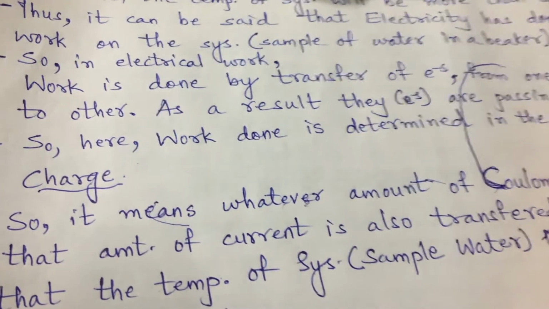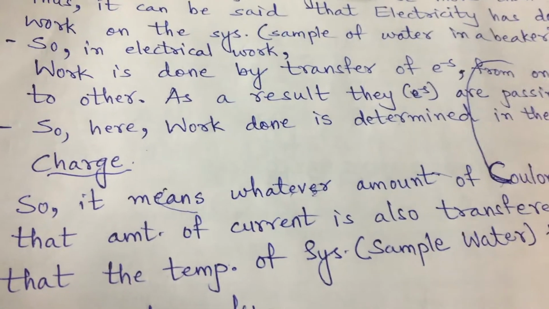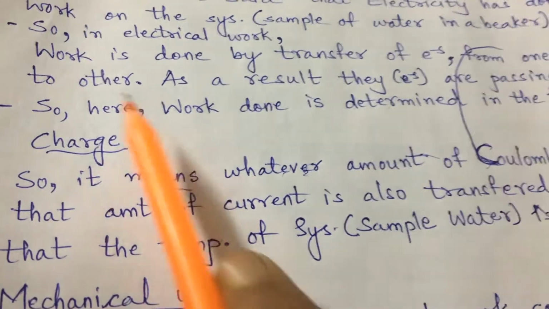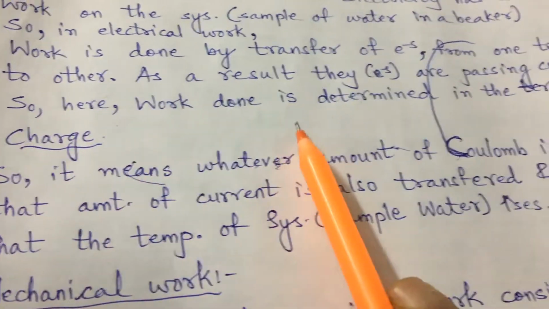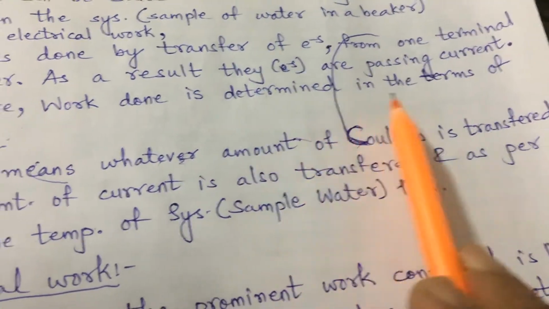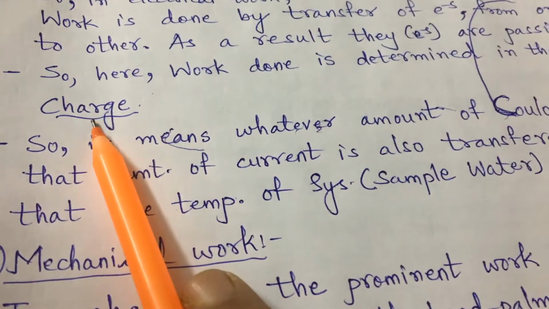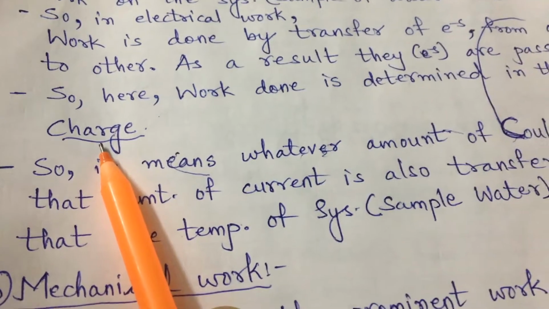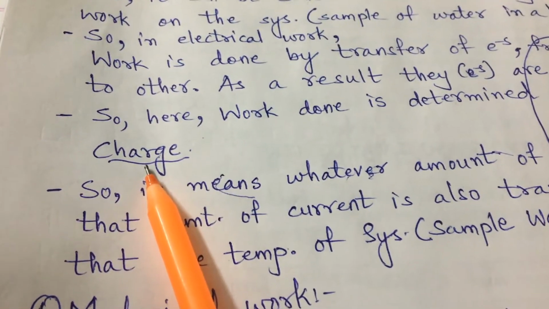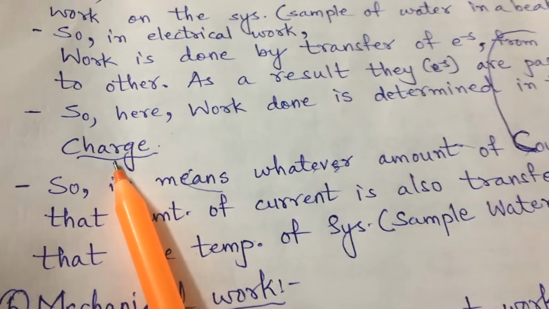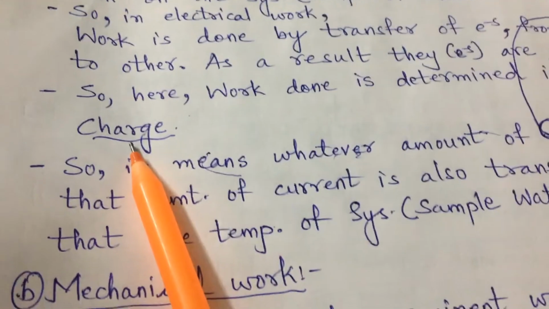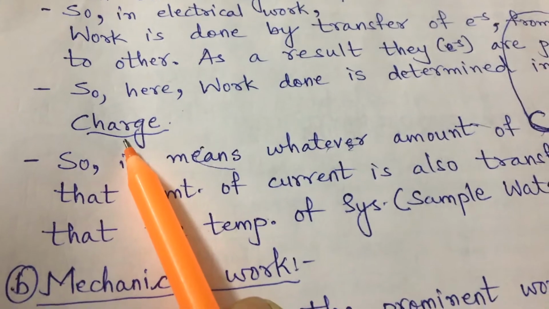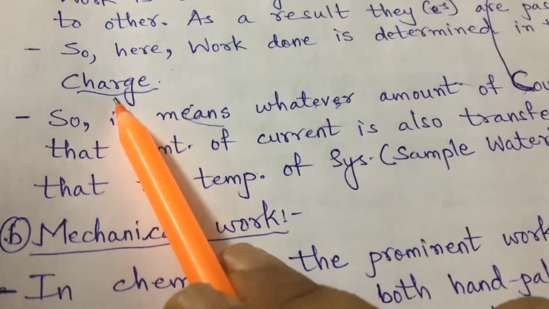So when electrons transfer from one terminal to the other, it means the current is passing. Work done is determined in terms of charge, because an electron has some charge, and when these electrons transfer from one terminal to the other, we say the current is passing, and that is termed as work done in terms of charge.